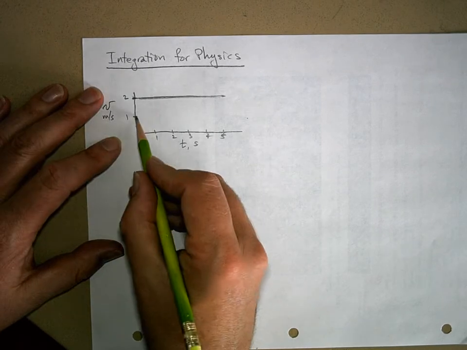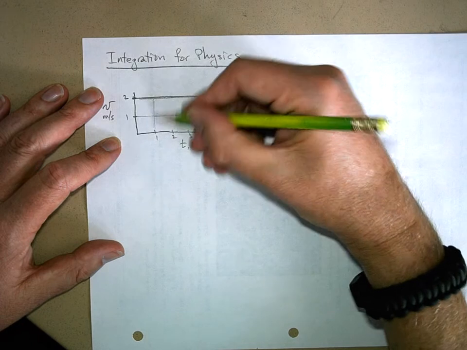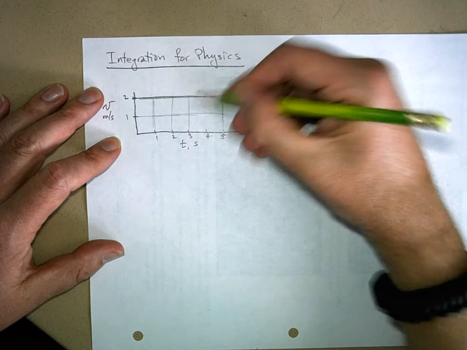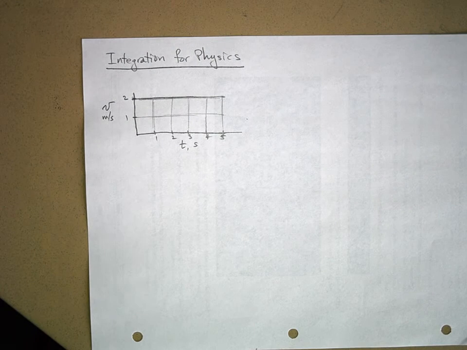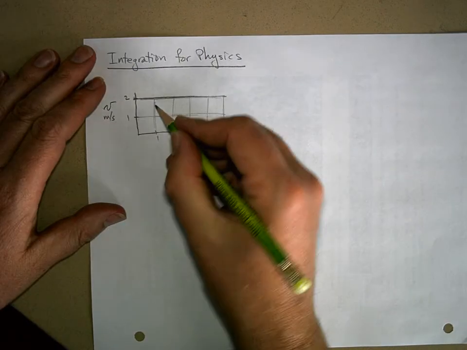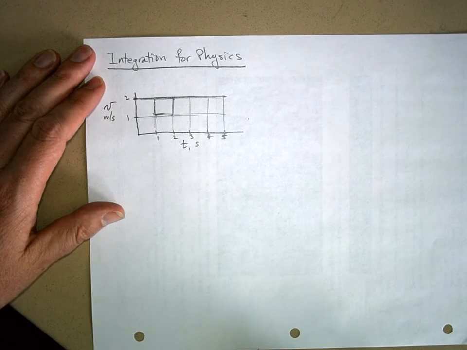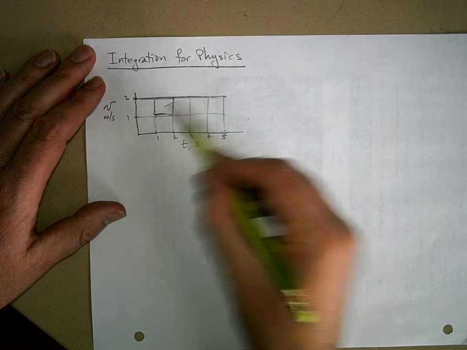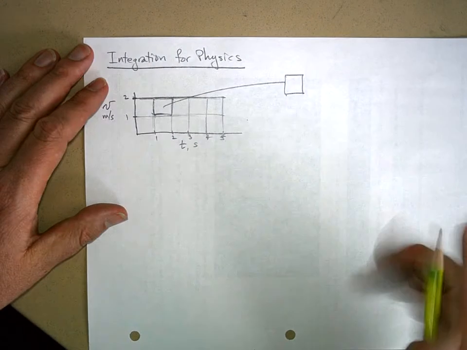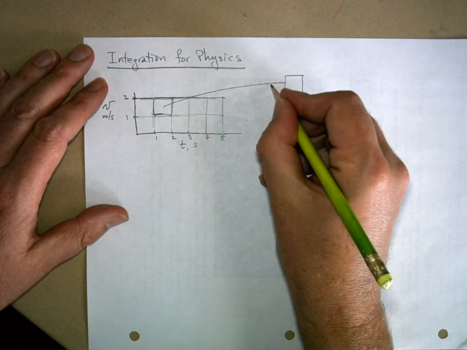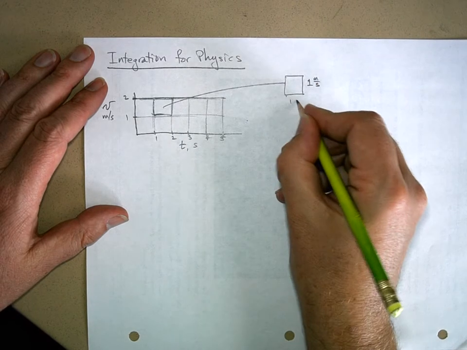And you can represent that easily by looking at the area underneath the graph. Each one of these little squares here represents a meter of displacement. Because if I were to draw it over here, this has a height of 1 meter per second and a width of 1 second.